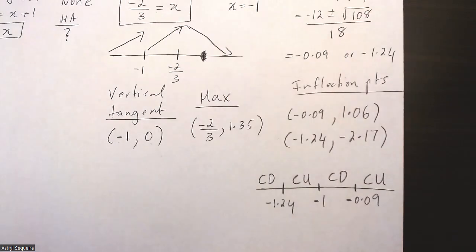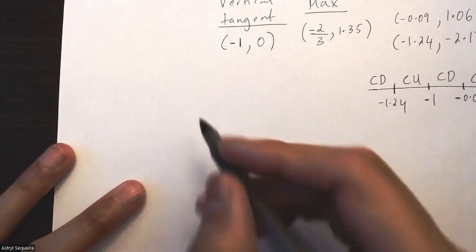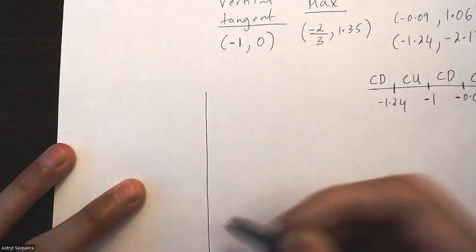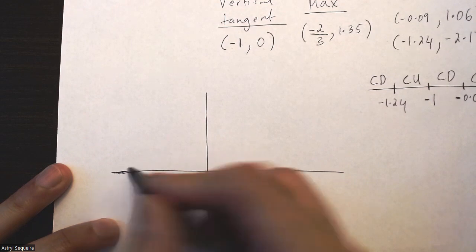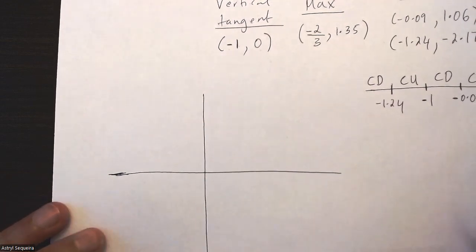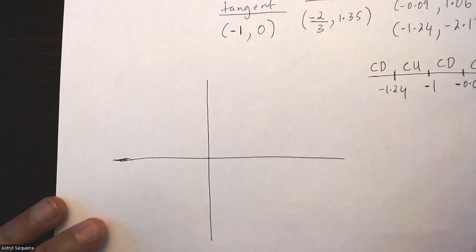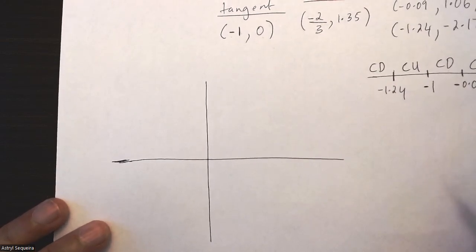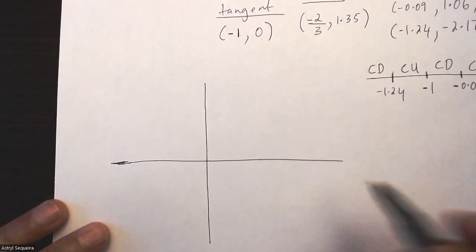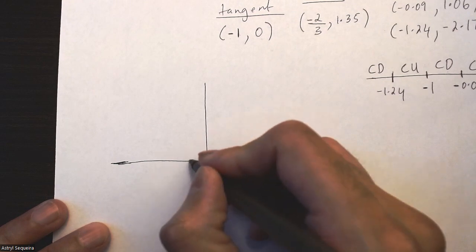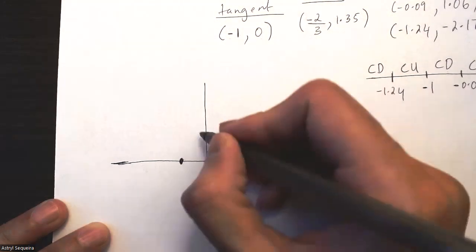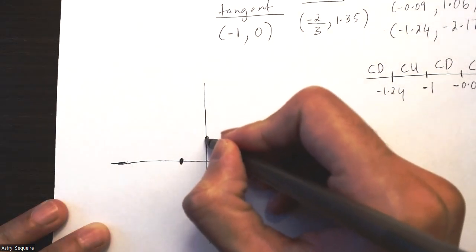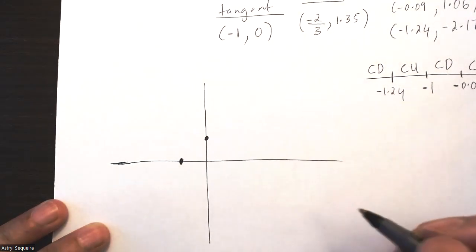So now I have all the information I need to do my sketch. So start by putting all my important points. X-intercept, which is basically my vertical tangent, is at -1. Y-intercept is at +1.